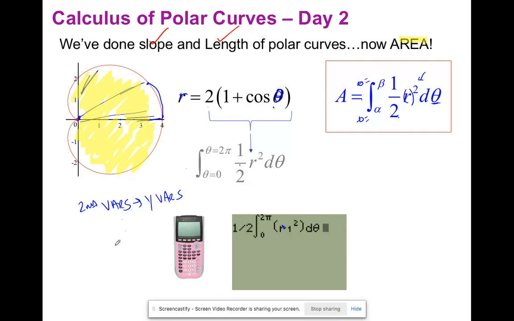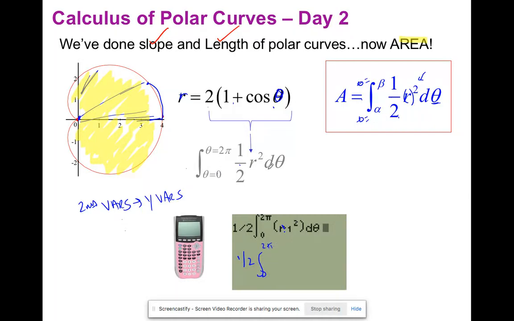Well, if you arrow down one of your things, you have polar, and so you can pull up r1 and square it, and you can do all of this in your home screen in polar mode, or you can go back to regular rectangular mode, and you can hit 1/2, 0 to 2 pi.